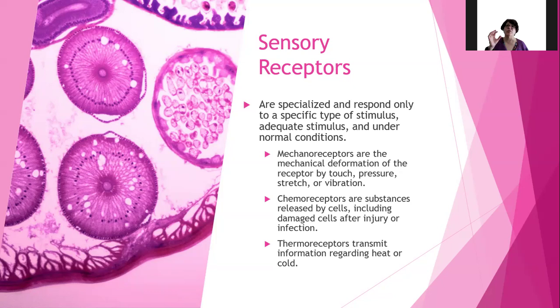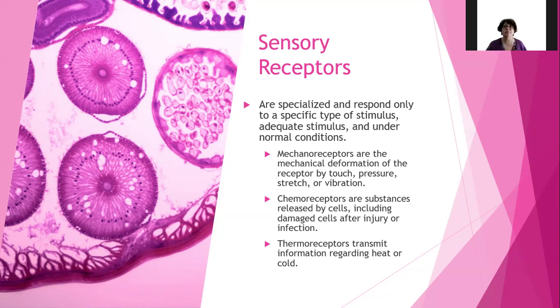Mechanoreceptors are stimulated by mechanical deformation of the receptor by touch, pressure, stretch, or vibration. And there are specific mechanoreceptors that respond to each one of those things. One of the examples is called a Ruffini ending, and it's like a little crumpled ending. And when you stretch the tissue, it uncrumples it, and that creates the receptor potential.